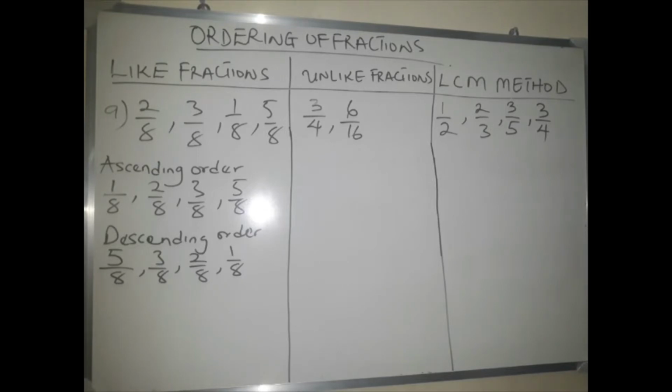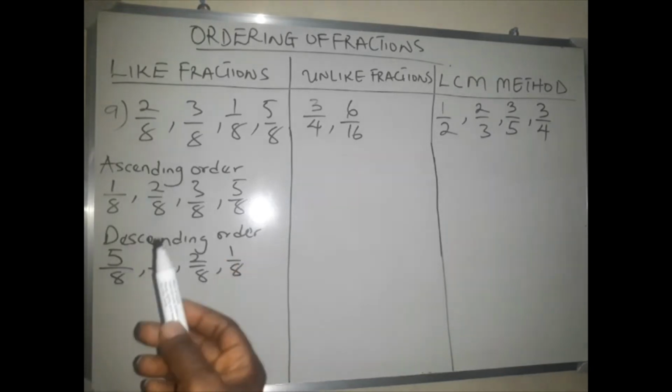And how do you do that, especially when they don't have the same denominator? Well, one way you can do that is to convert both of them to like fractions.